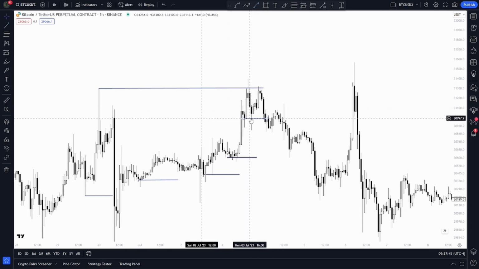If you use this, you see that there is a structure break because price closes a candle below. If you look at bottoms, price closes candles below this low candle's close.